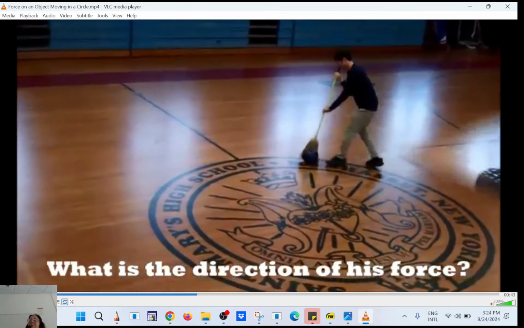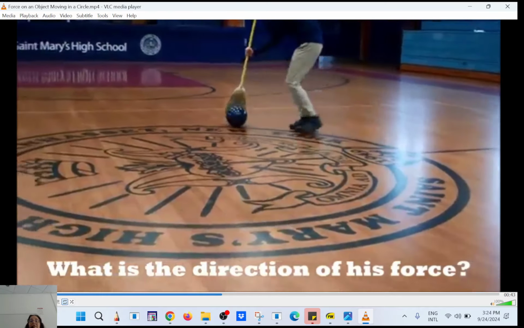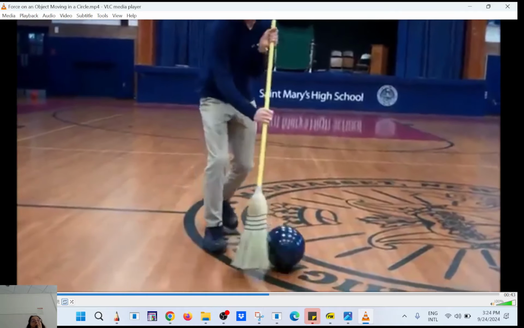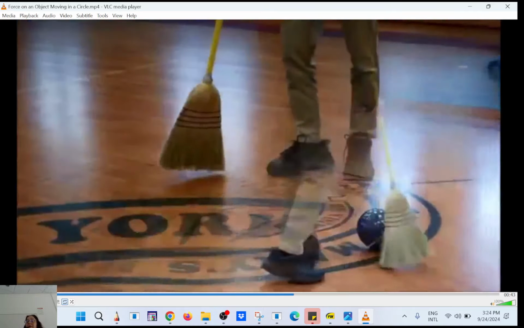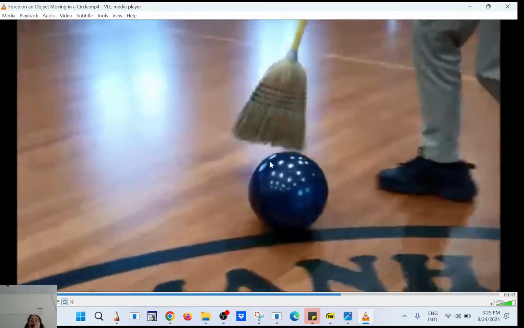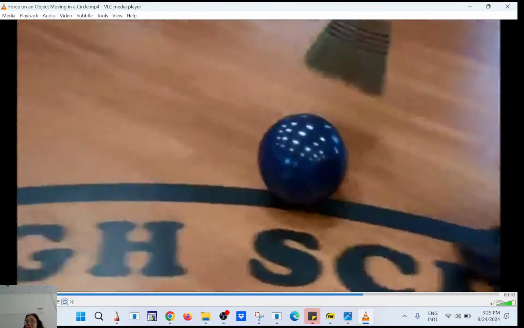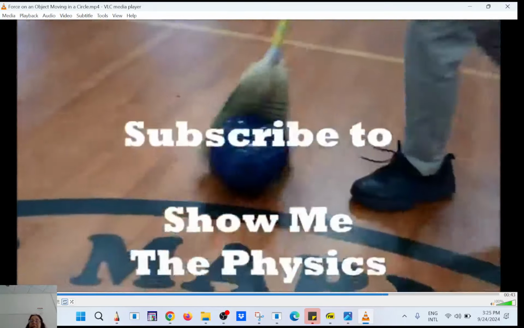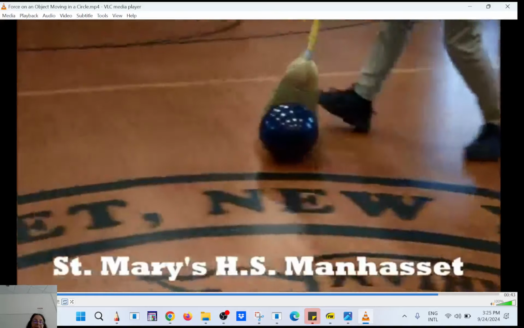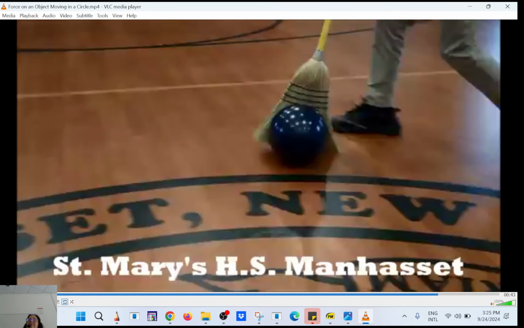That's why it's called a centripetal force. If he stops applying this force, off tangent it's going to go. So if you want something to stay on a circular path, you need to apply a centripetal force. Otherwise, off tangent it goes.